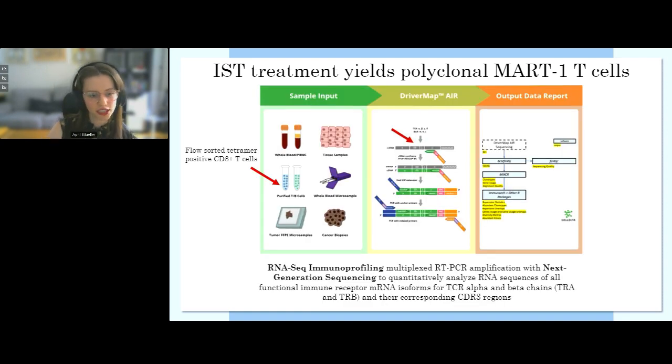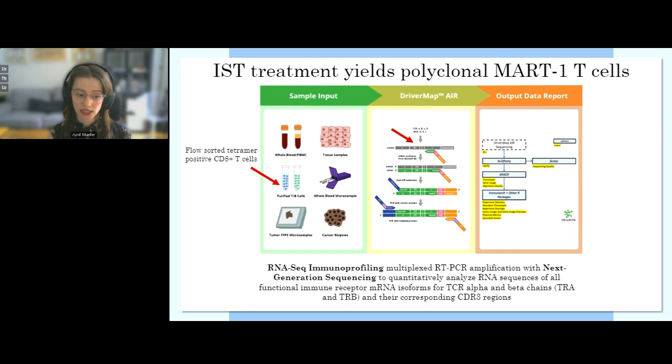I know Dr. Chenchik went over what this process looks like, but just for our purposes, we assessed TCR diversity through TCR sequencing. We used the RNA version of this process. This technique uses RNA from flow cytometry sorted tetramer-positive T cells. So we sorted our activated cells through tetramer, isolated these cells, purified the RNA, and sent it to Selecta for analysis.